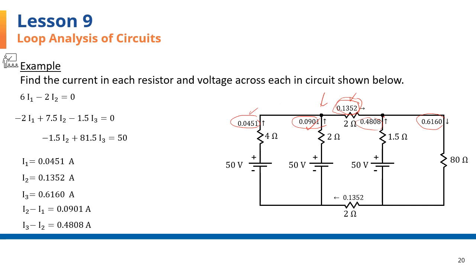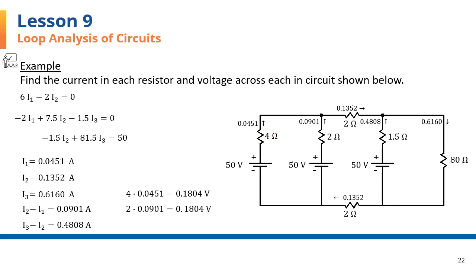Now let's find the voltages across each resistor. Voltage across the 4 ohm resistor simply is 4 times the current through it, which comes to 0.1804 volts.